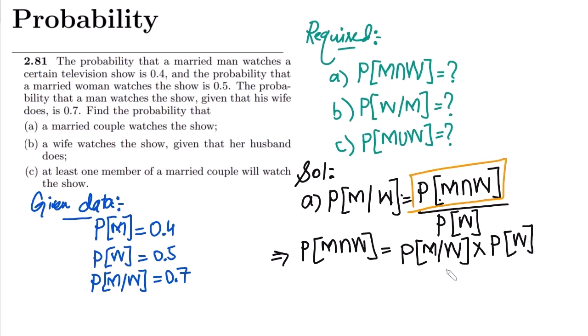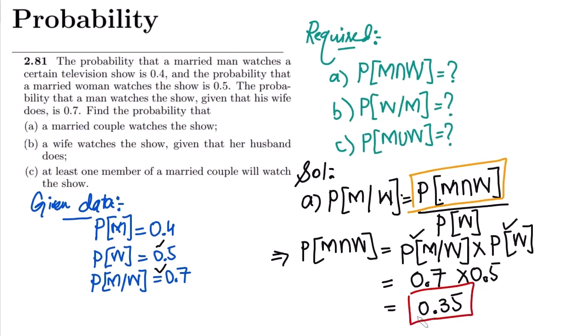Now we have both of these values. This value is given here, and the probability that a woman watches it is also given here. So 0.7 multiplied by 0.5 gives 0.35, which is the solution of part A of my question.